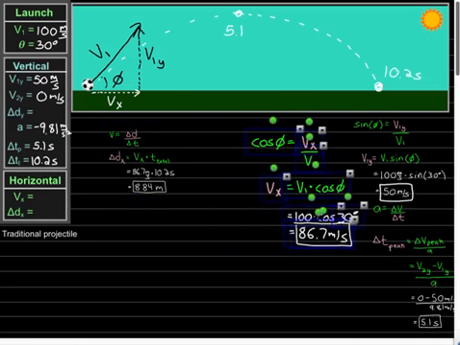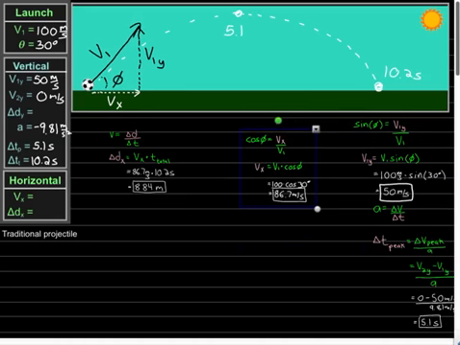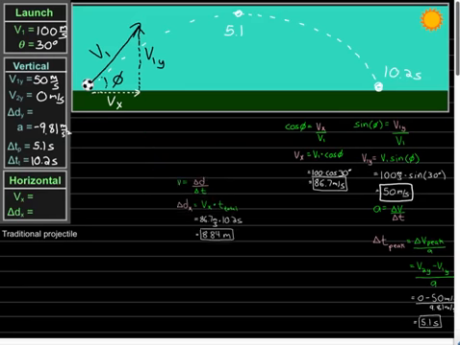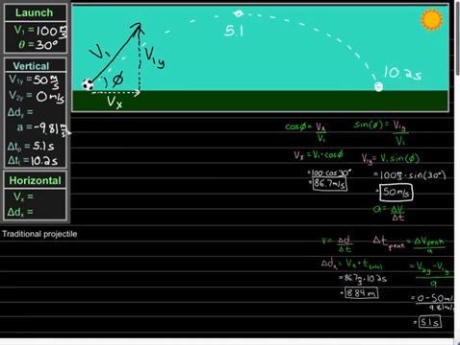Now we need to find out how high it's going to go. It's the last thing we need to solve. All right, so the height is going to depend on a few things. First, we need to fill this in. 86.7 meters per second and 884 meters.